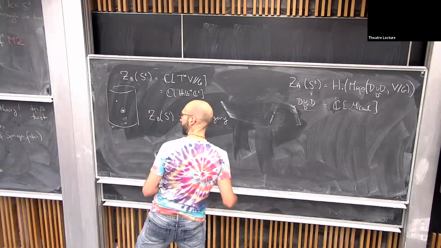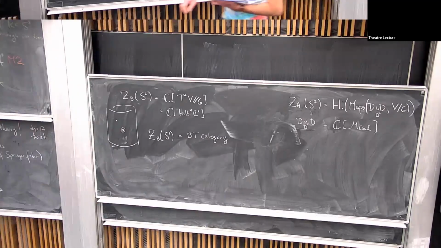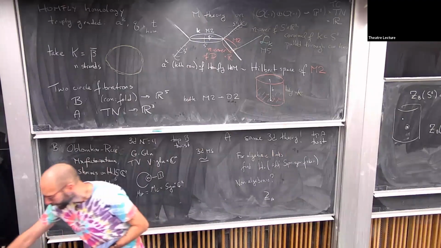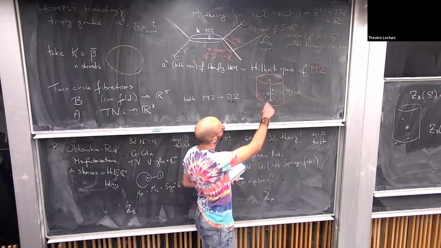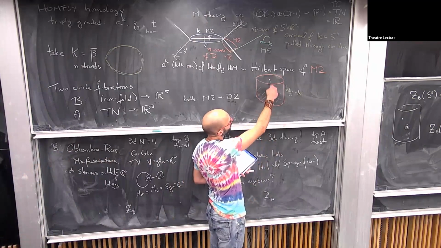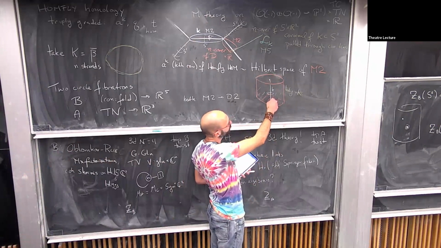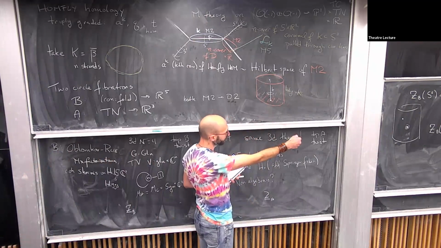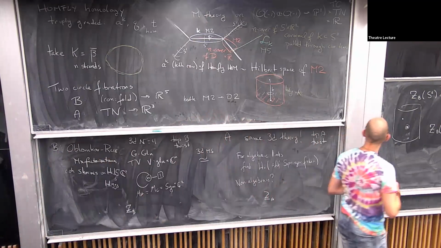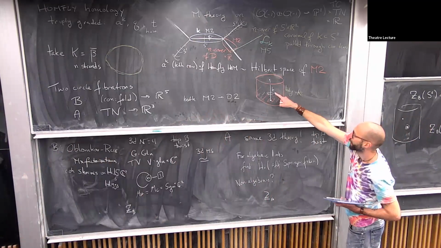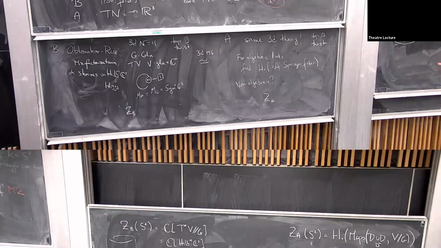So S1 is the link of the line. The things that we can put on a one-dimensional defect in the 3D theory are the objects of this category Z of S1. And so in particular, things labeled by integer k, a degree, should sit here.